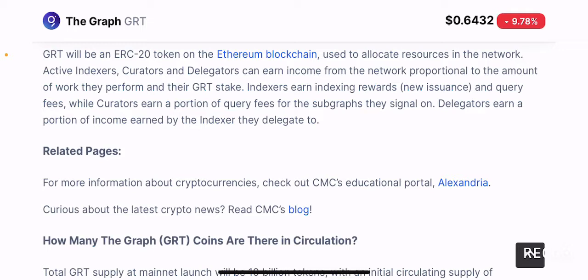So the rewards generated for the indexers and the curators are proportional to the stake they are staking, right? The amount of Graph tokens they are staking, and also the quality of the work they are doing on the network provides them with higher earning potential of the Graph tokens itself, right? Whereas the delegators basically earn a portion of the income earned by the indexers they delegate to, right?